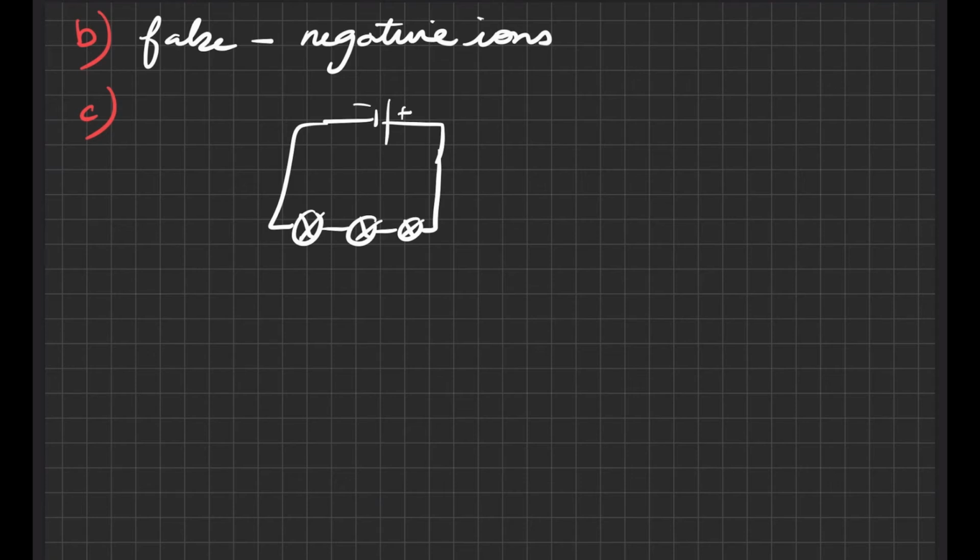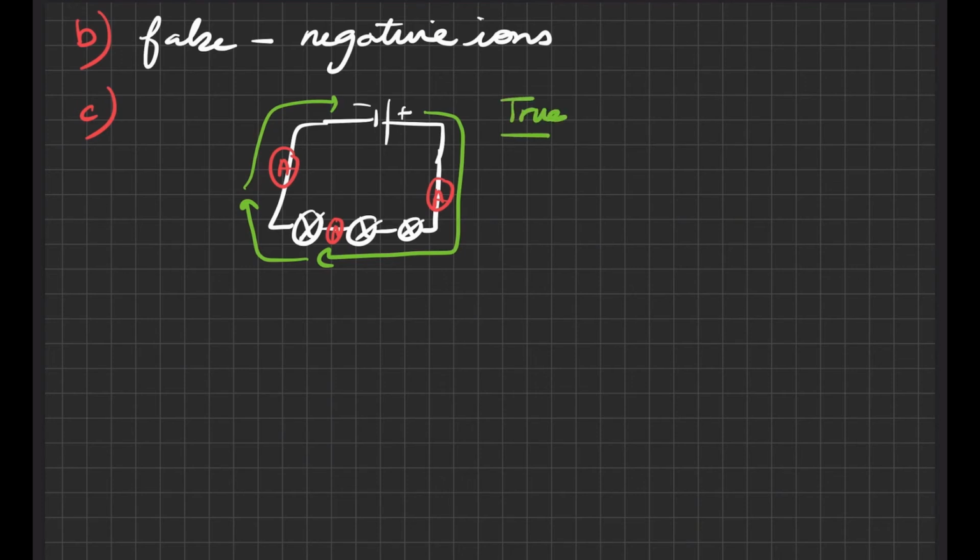Wherever we measure the current, if we put the ammeter here, or here, or here, it's the same current passing through. So C is true.